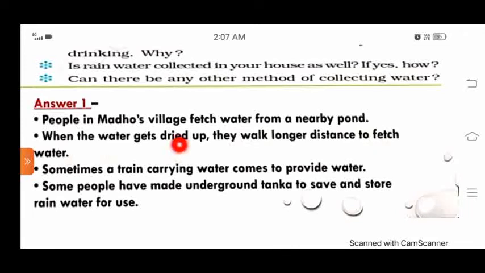When the water gets dried up, they walk a longer distance to fetch water. Sometimes a train carrying water comes to provide water. Some people have made underground tanka to save and store rainwater for use.